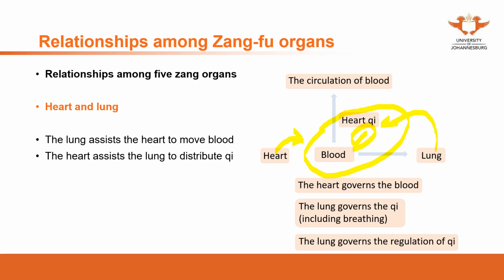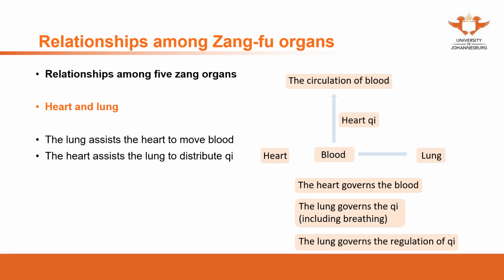That's how to analyze the relationship between these two. Also, you can understand the relationship from the position, where they are. The lung and the heart both stay in the upper jiao. The heart governs the blood, the lung governs the qi. So these two, the blood and the qi, all come from qi.